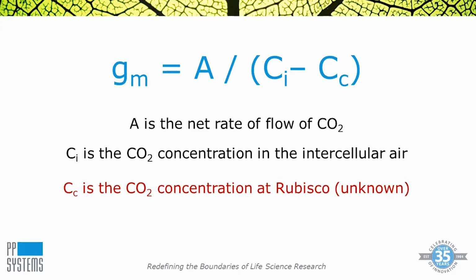The trick of measuring mesophyll conductance is to get a good estimate of what CC is, the CO2 concentration at rubisco. And we do that by using a photosynthesis model, the Farquhar-von Caemmerer-Berry model.